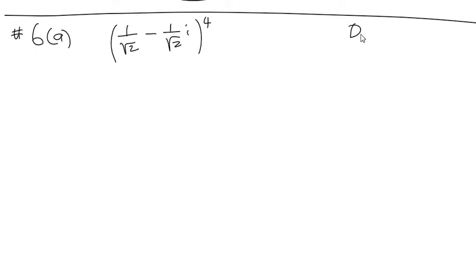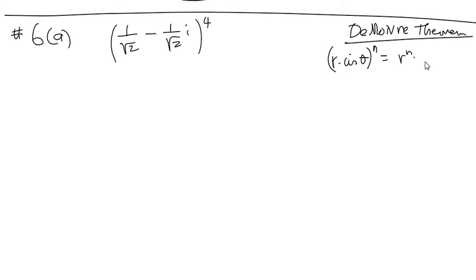And what does De Moivre say about raising a number to a power? Well, we're told that if you have r cis theta and you raise it to the nth power, you raise the modulus to the power and you multiply the argument by the power.